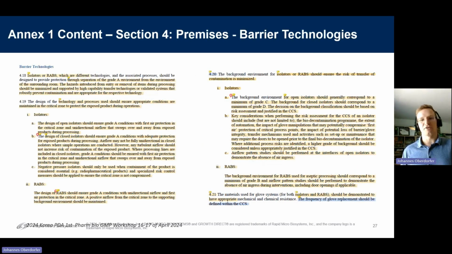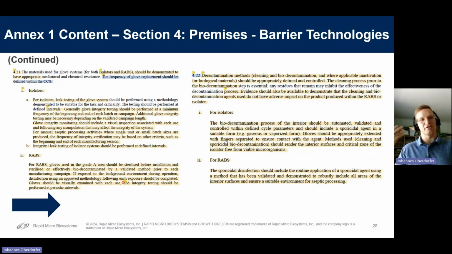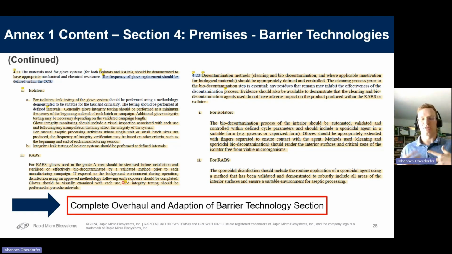Then barrier technology. I don't go into the details, but you see that this was completely revamped, with all the yellow. So these parts on isolators, RABS, the closed isolators, open isolators, were completely overworked, and there are better experts on these topics, you just have to look for the vendors, and you will find a lot more information on these parts.